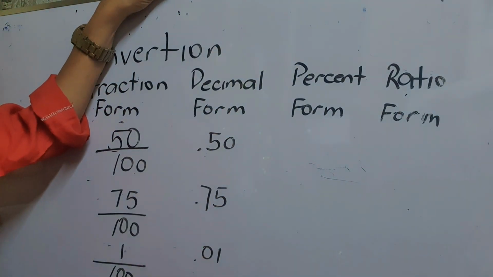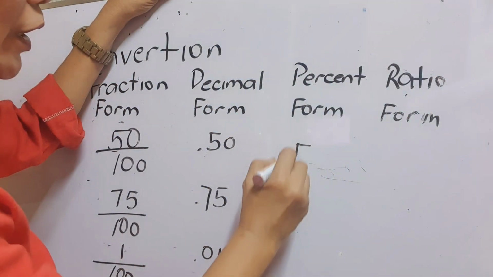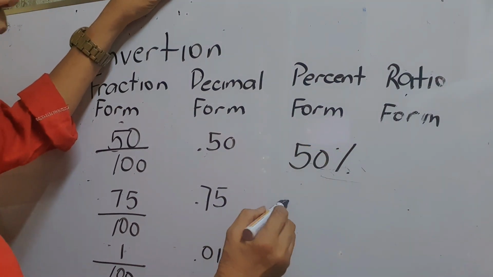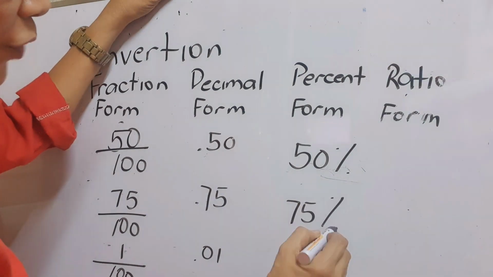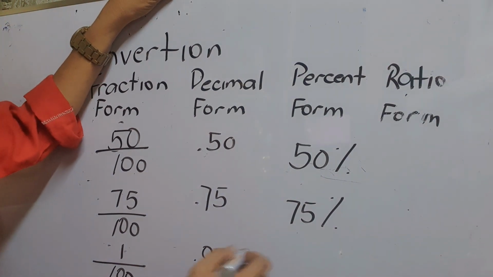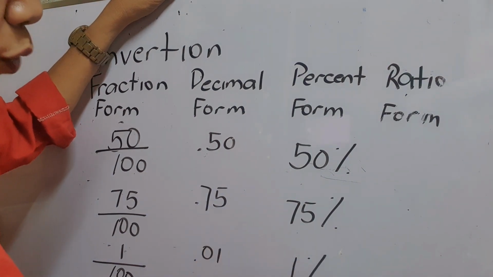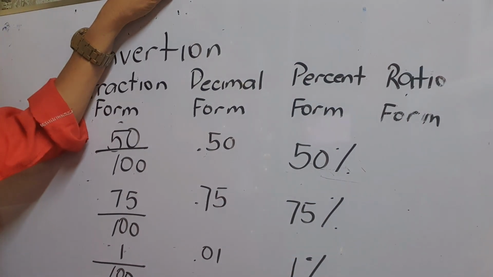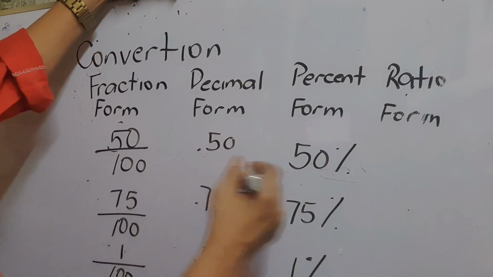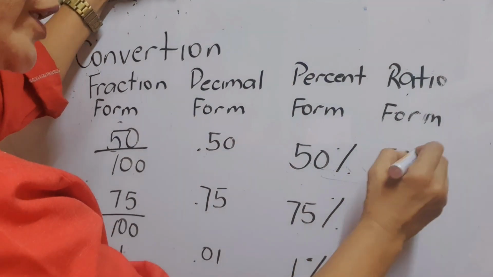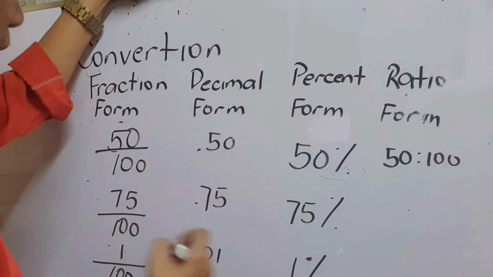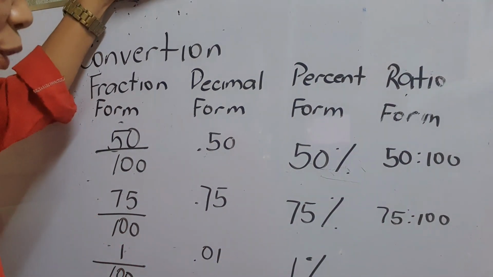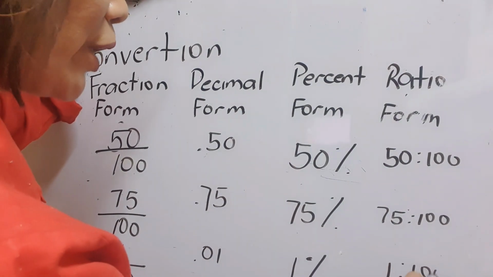So, if this is 0.50, this is now 50%. 0.75 is now 75%. 0.01 is considered as 1%. Okay? Now, sa ating ratio form, this would be 50 is to 100. And then 75 is to 100. And then here we have 1 is to 100.